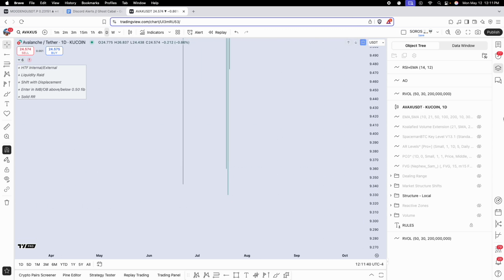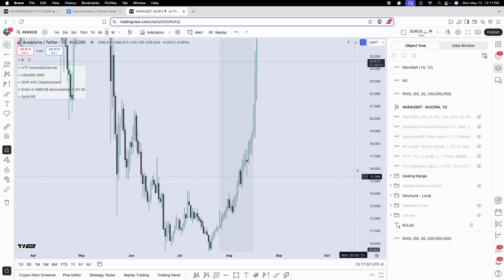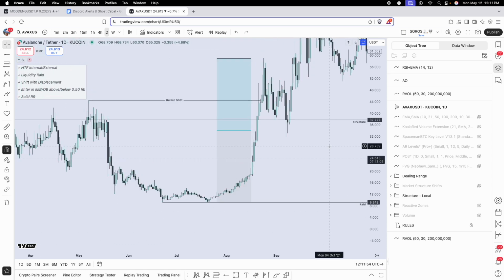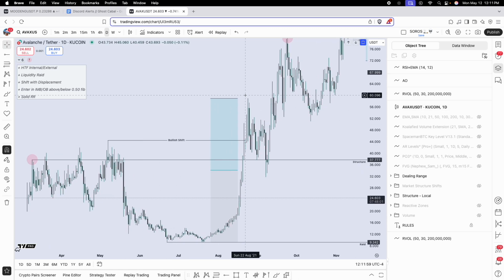So if you zoom in and we highlight the dealing range, you can see that this wick took out that low, so that's going to define the bottom of the dealing range. Then if we go up to where the shift happened above the previous structure, this high took out that high, so that's going to define the top of the dealing range.